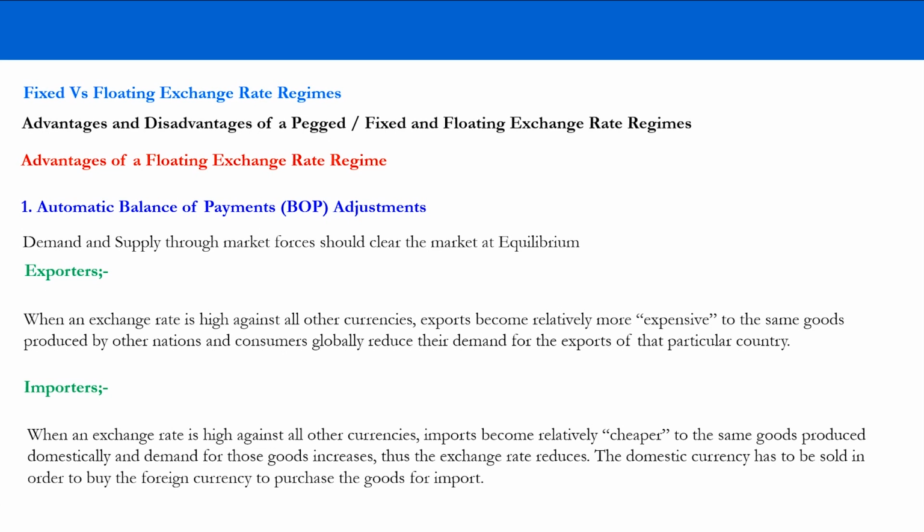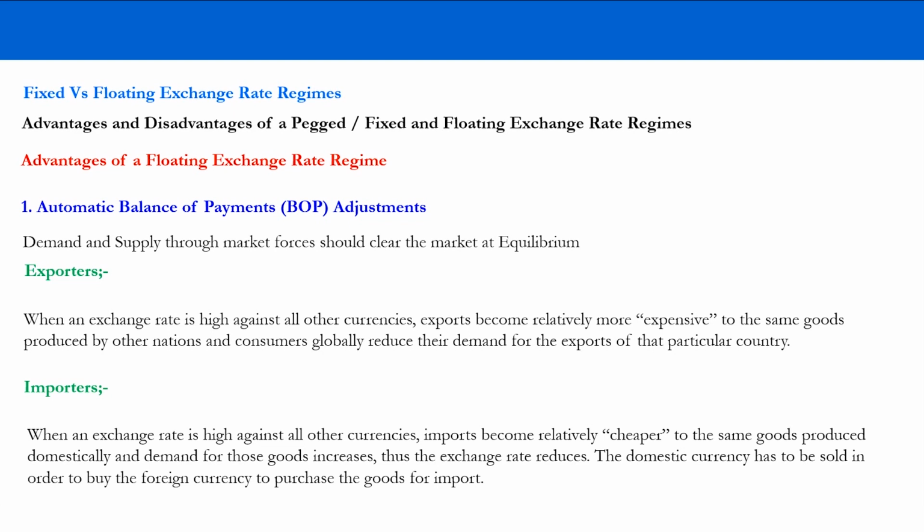Now let's think of this from the importer's perspective. When an exchange rate is high against all other currencies, imports become cheaper than the same goods produced domestically, and demand for those goods increases. So the exchange rate is supposed to automatically adjust, in this instance, automatically adjust lower.